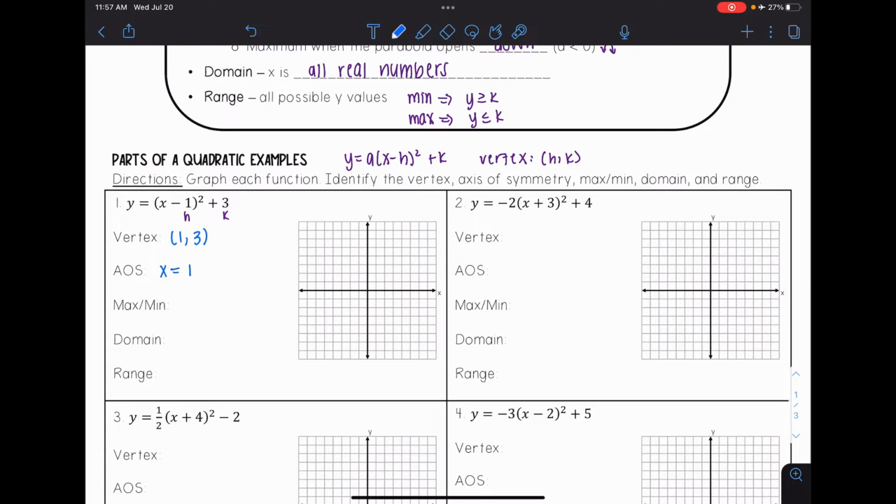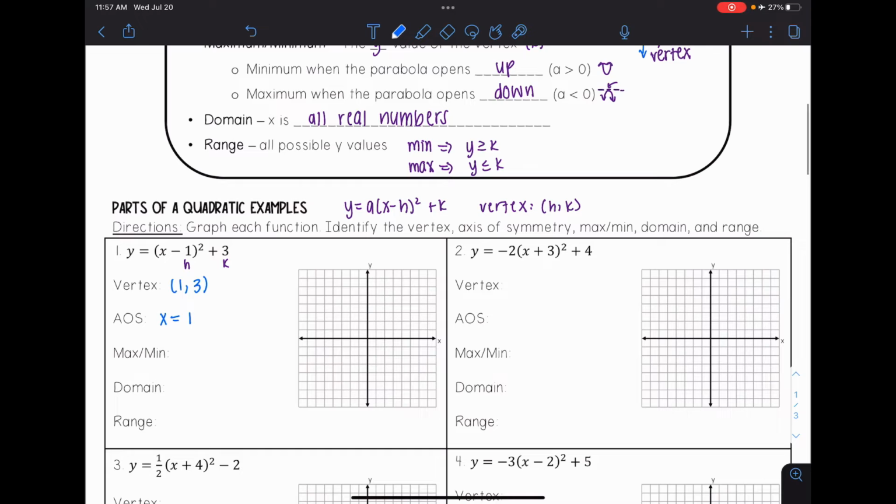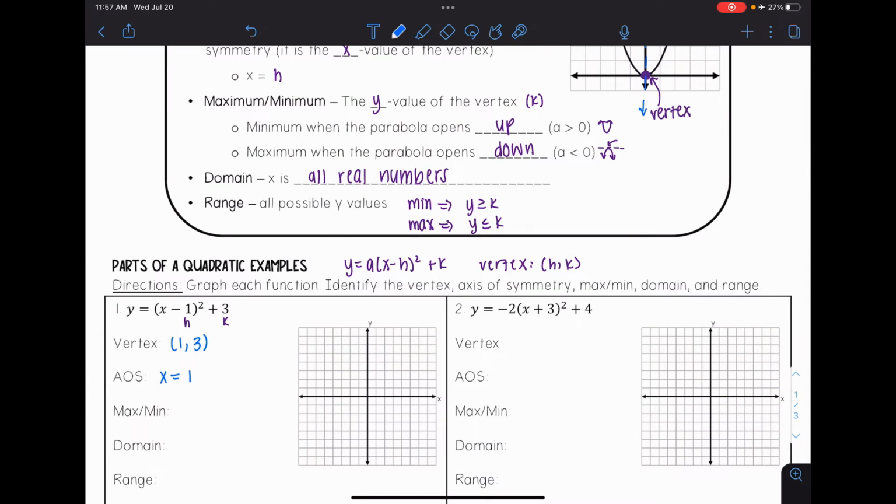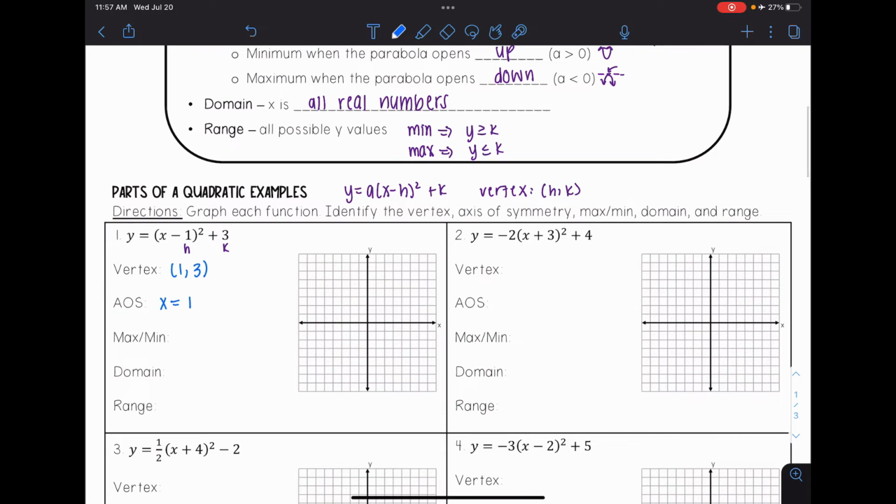Next, I want to figure out my max/min value. First I want to see, okay, is this going to be a maximum or a minimum? Well, I see up here that it's a minimum when the parabola opens up, or in other words, when a is greater than 0, and a maximum when a is less than 0. Here, my a value is the number in front of my square term.